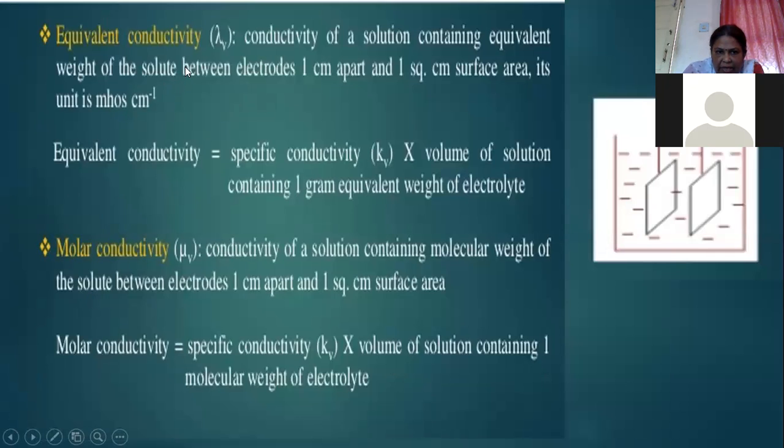Equivalent conductivity is the conductivity of a solution containing an equivalent weight of the solute between electrodes 1 centimeter apart and 1 square centimeter surface area.